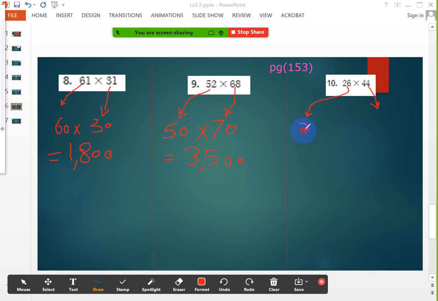Excellent. Before the tens right here, I have 6. 6 is greater than 5. That means I will add 1 to the tens and the digit before it will be 0. What about 44, Zena? 40. Excellent. It will be 40 because 4 here is less than 5.